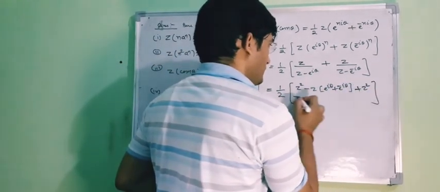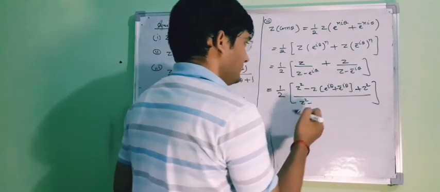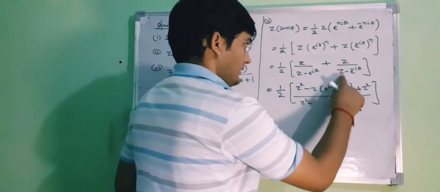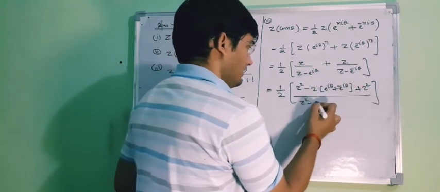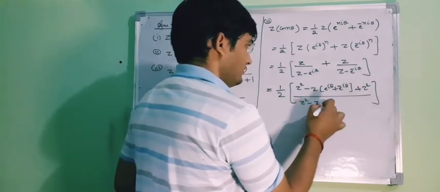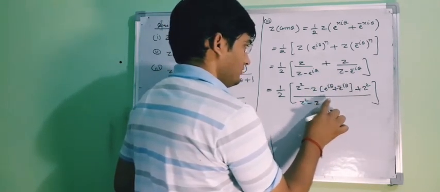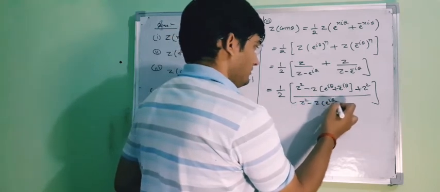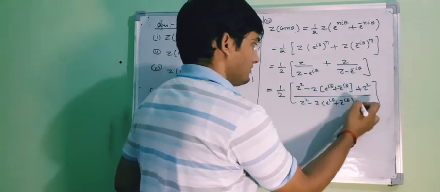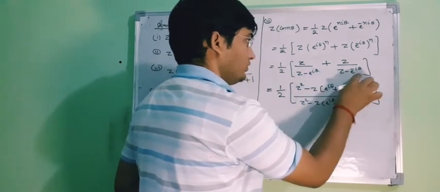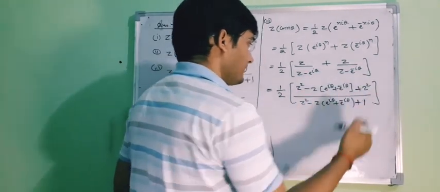In the denominator we will have z square minus, if you multiply this term by this term, then we will have minus z times e power i theta plus e power minus i theta, and then this minus and this minus will be plus, and e power i theta into e power minus i theta will be 1.